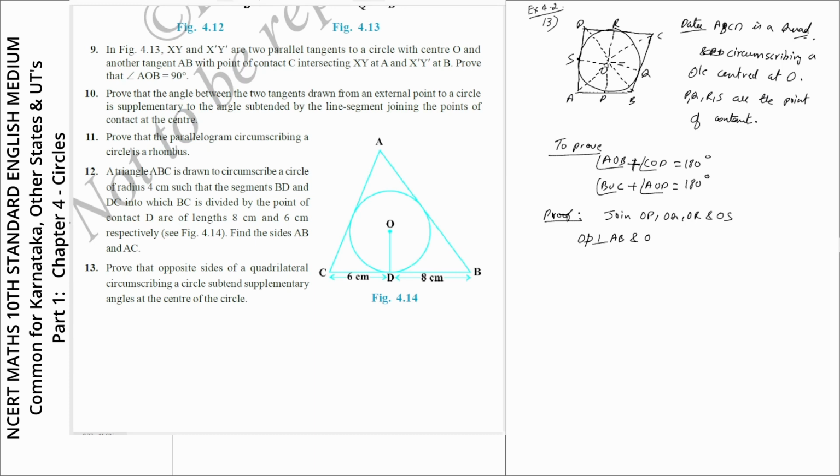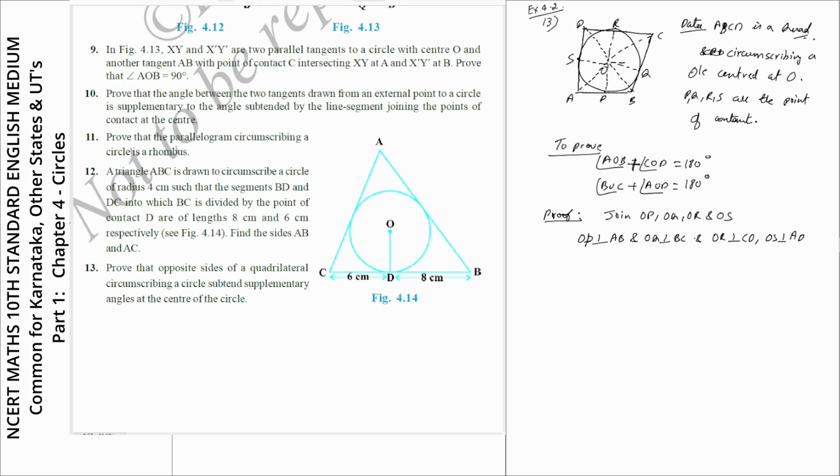And OQ is perpendicular to BC, OR is perpendicular to CD, and OS is perpendicular to AD. Why are they perpendicular?